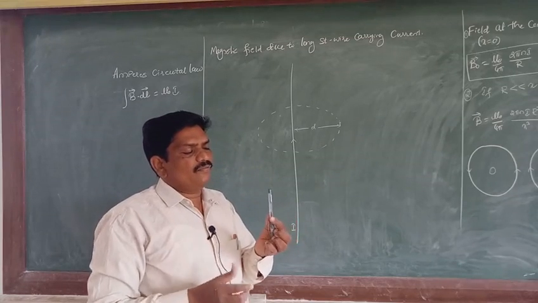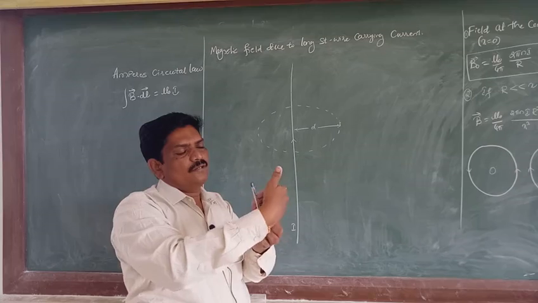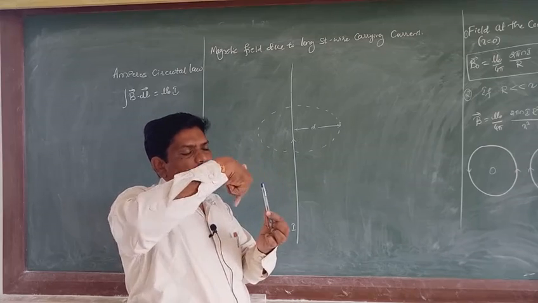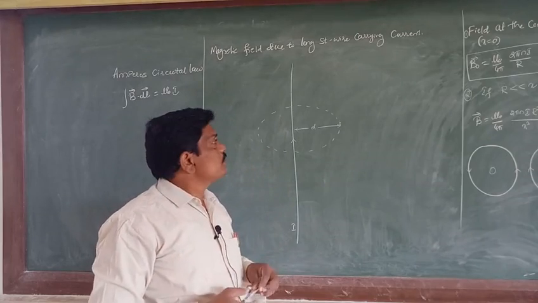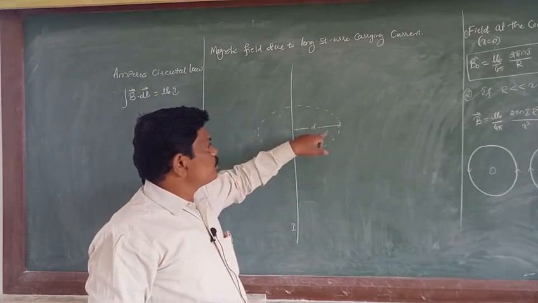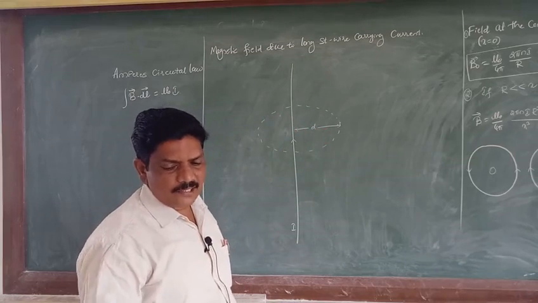Just for the direction of the field, you have to use the right hand clasp rule. See, like this. So simply the field surrounds the conductor like a circle. So this one is the closed loop. You can choose the closed loop. On that closed loop, the field is the same.